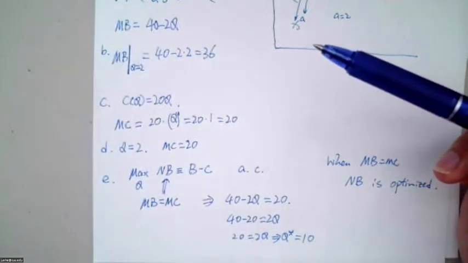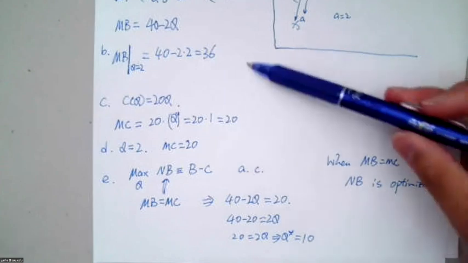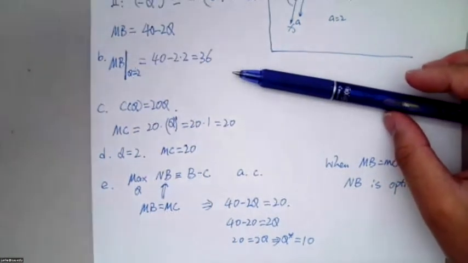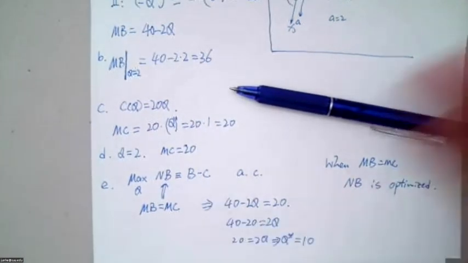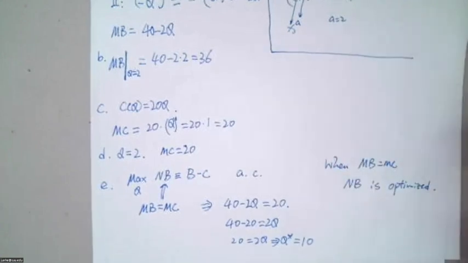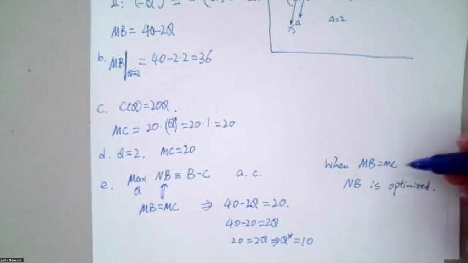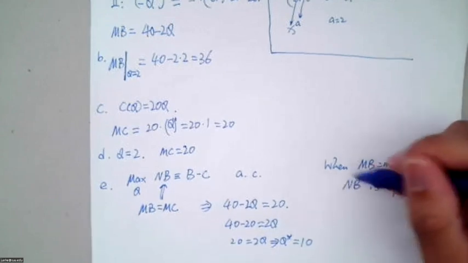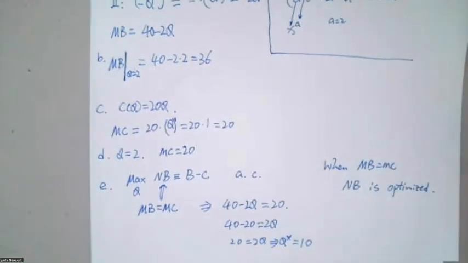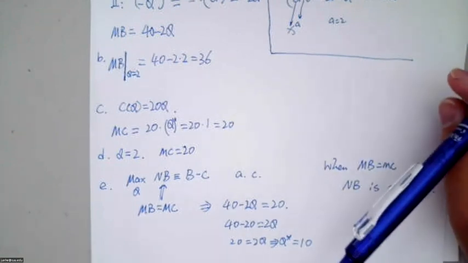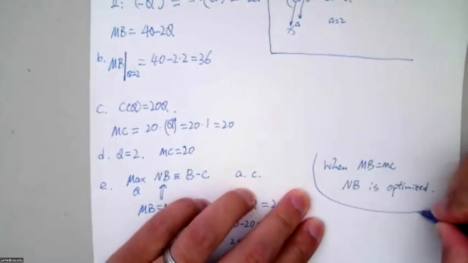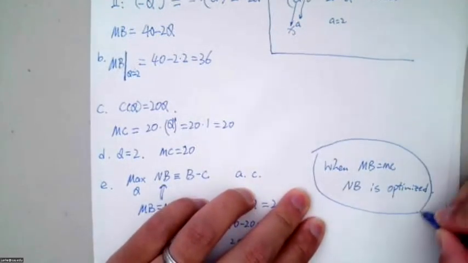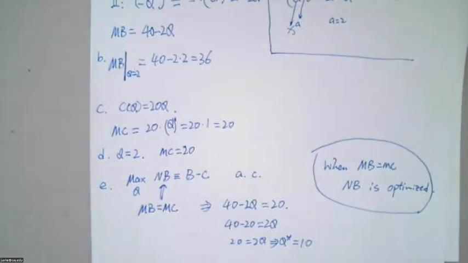So in that sense, we shouldn't stop at this current unit. We should expand our production until marginal benefit just equals marginal cost. That's when your total net benefit is maximized. And this is one of the key conclusions that you should be looking at.